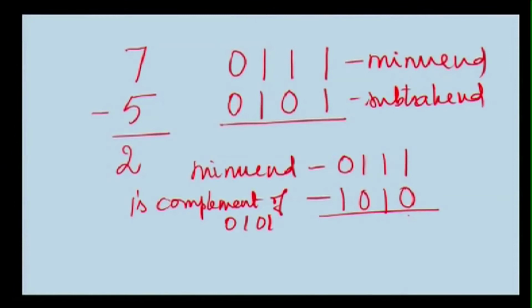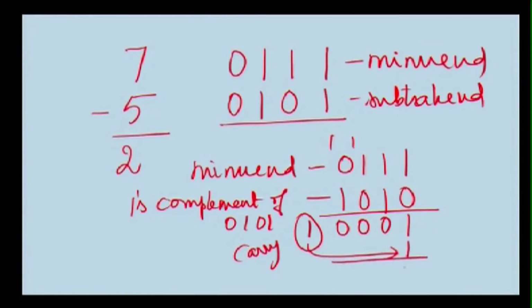When I add up, I get a sum and a carry. This 1 is a carry. According to the rule, this 1 should be added to the sum and the answer becomes 1, 0, which is nothing but 2 in decimal. So this example clearly shows how subtraction can be done using the 1's complement method.